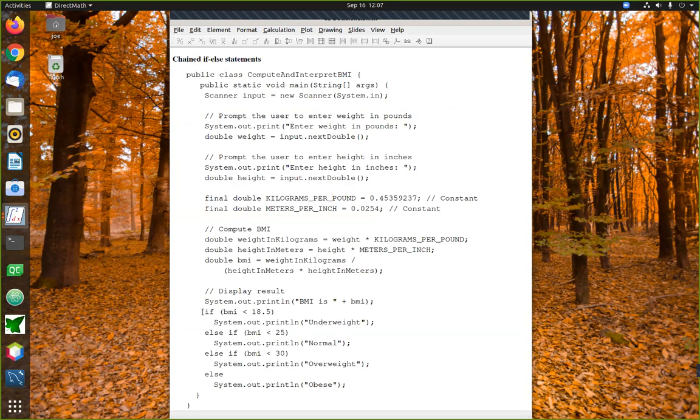Right? And these categories are determined by a set of 4 questions we can ask. The first question is the BMI value very low? The way this scale works is that if you have a BMI value of less than 18.5, you're considered underweight. So the first question we ask is this an underweight BMI?